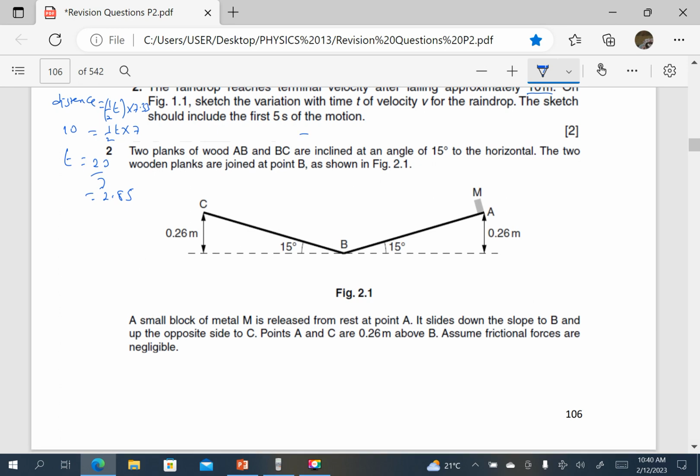Two planks of wood, AB and BC, are inclined at an angle of 15 degrees to the horizontal. The two wooden planks are joined at point B as shown in the figure.